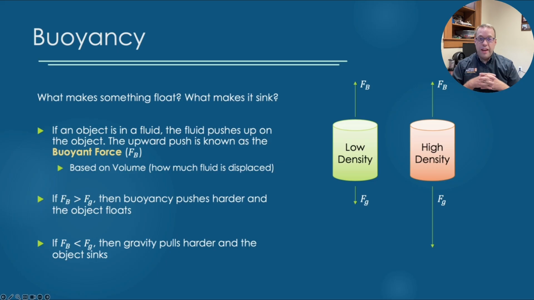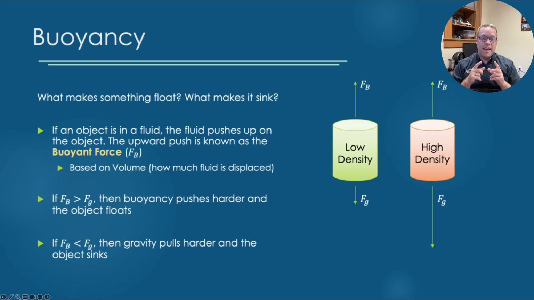The green one on the left has a low density. That means it has very small mass in this given volume. The one on the right, that's red, has a high density. That means it has a lot of mass in this given volume. Since they have the same volume, they're going to have the same buoyant force.